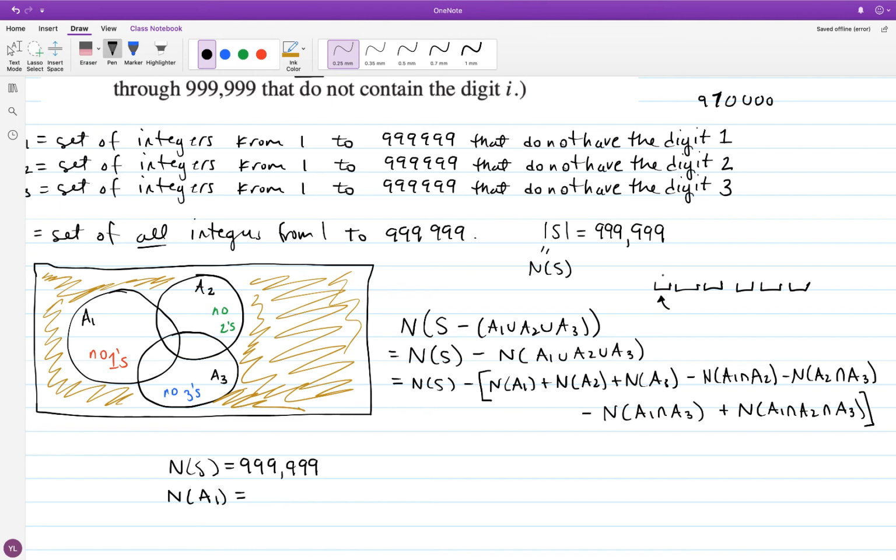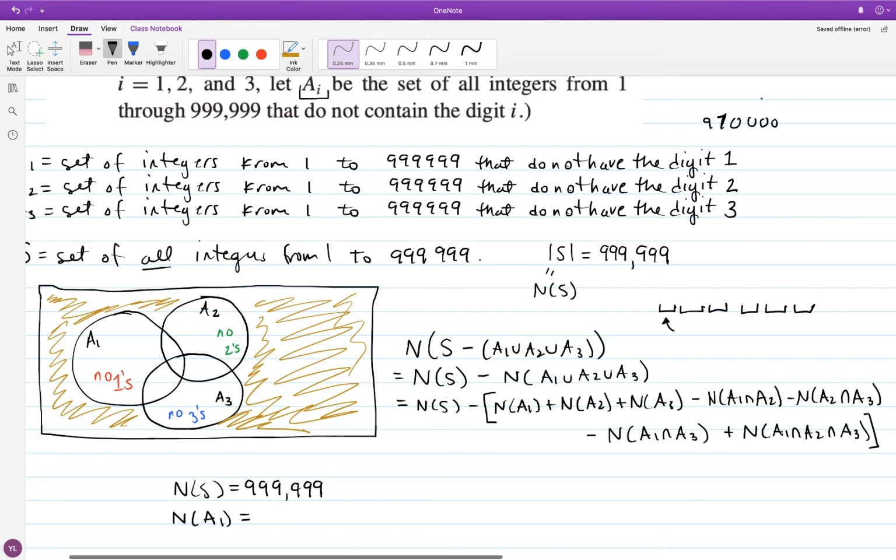I could put a 9, 8, 7, 6, 5, 4, 3, 2, or I could put a 0 there. Putting a 0 there would be like representing a number like 500. I can imagine 500 as being 000500. Got it? So I do have 9 choices for the first slot. And similarly, I have 9 choices for the second, the third, the fourth, the fifth.